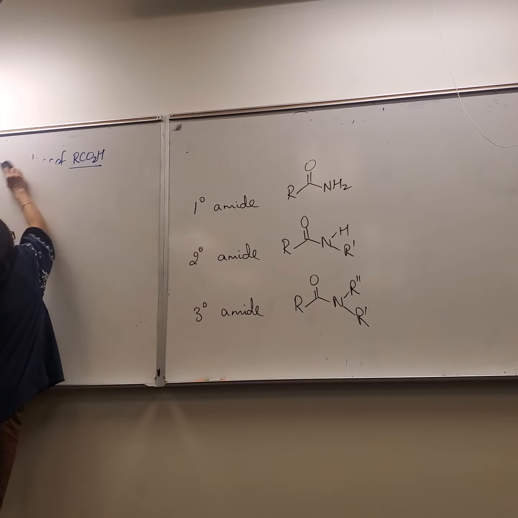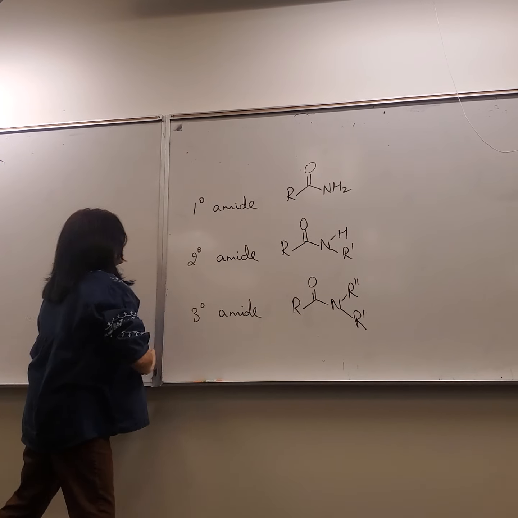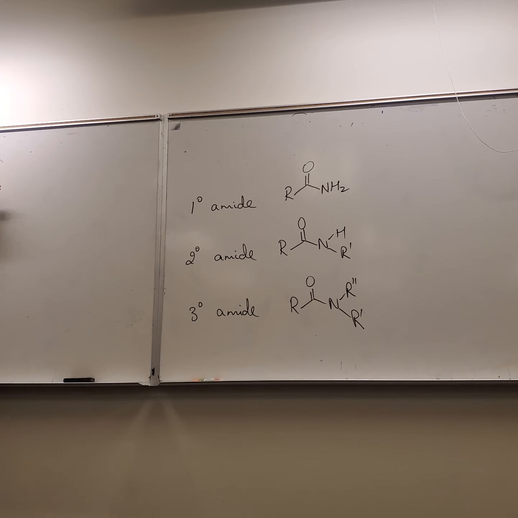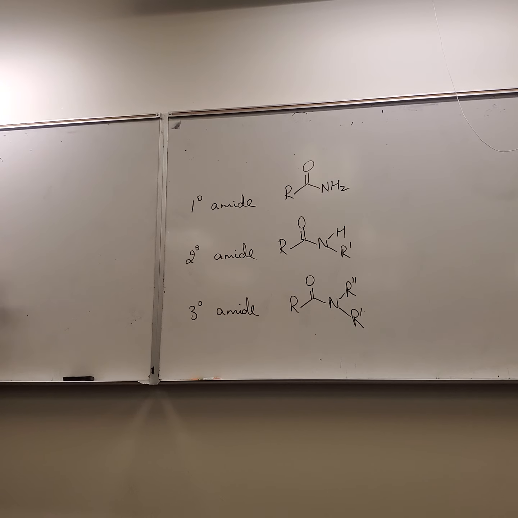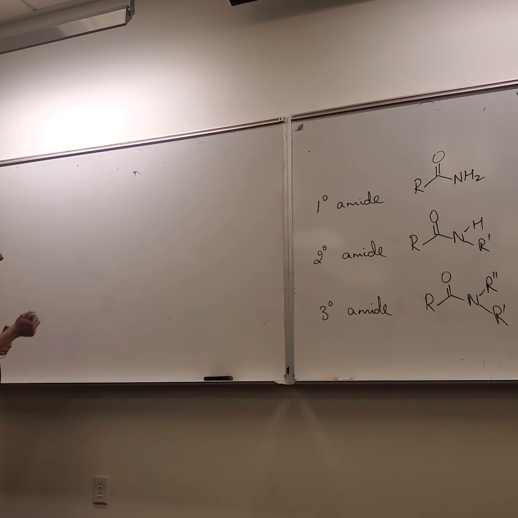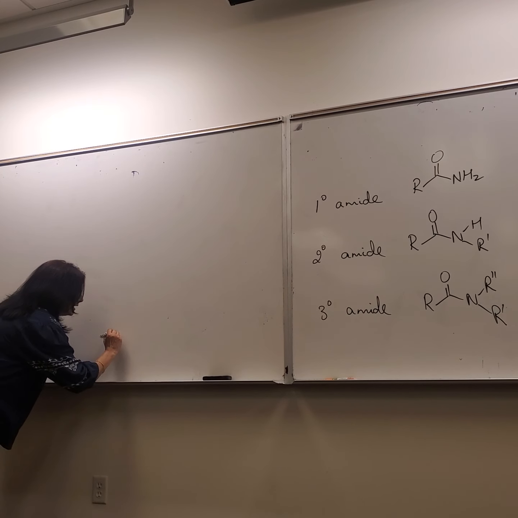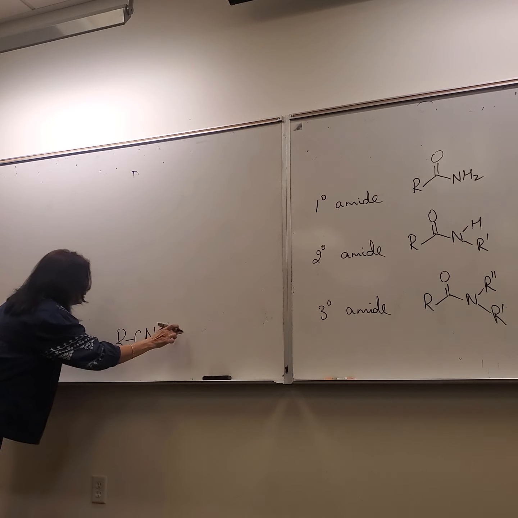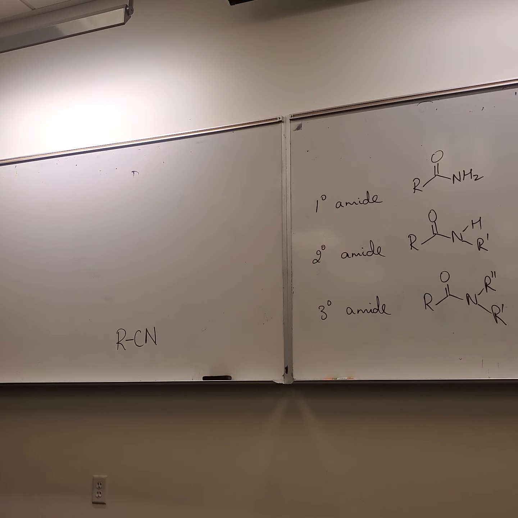We're going to name each of these different derivatives: acid halides, anhydrides, esters, amides, right? There's one more. Please write that down at the bottom. What is this family called? Nitriles.